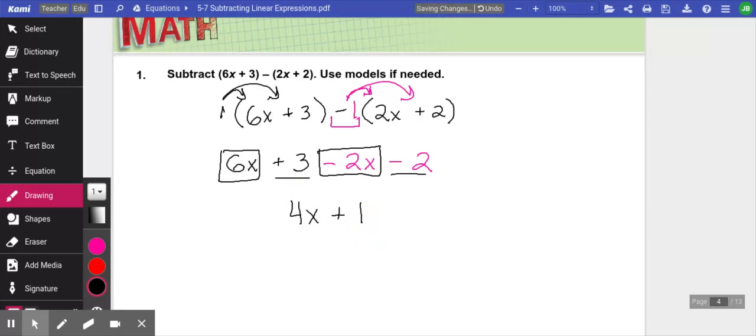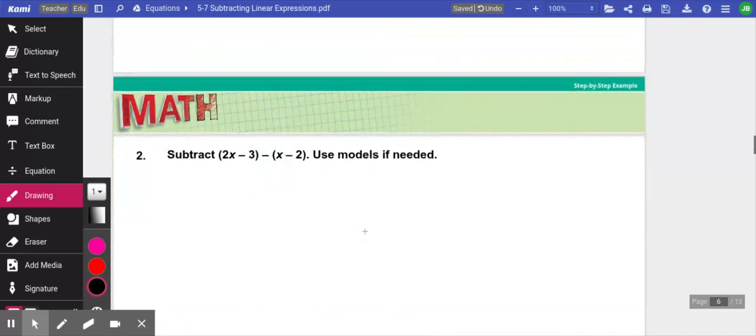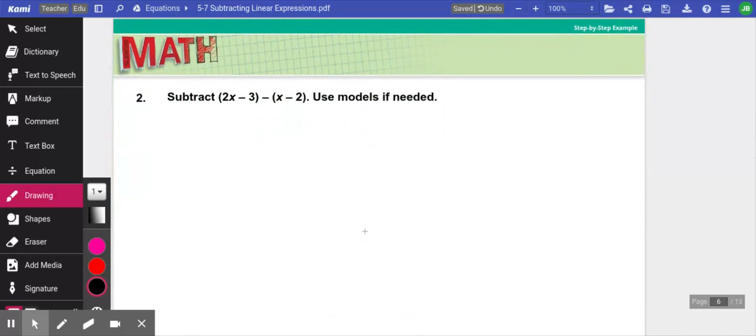So again, it's the very same process. The only difference is we recognize that it is a negative 1 that we multiply by. Let's go to a different example. So we have 2x minus 3, and we're going to subtract x minus 2.